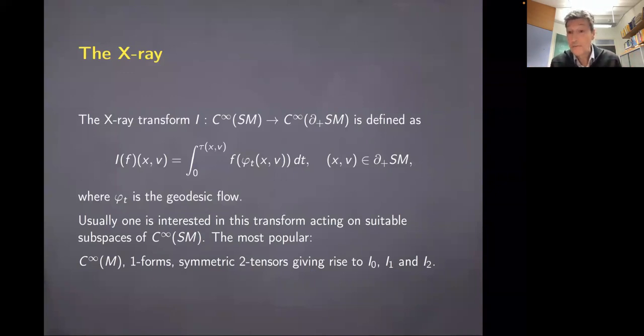Or you take a one form and think of it as a function on the unit tangent bundle, or a symmetric two tensor, which you can also think of as a function on the unit tangent bundle by saying that, given a unit tangent vector v, I input v, v into my symmetric two tensor. And this gives rise to I0, I1, and I2, the most popular X-ray transforms that pop up.